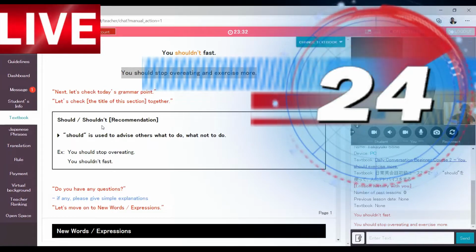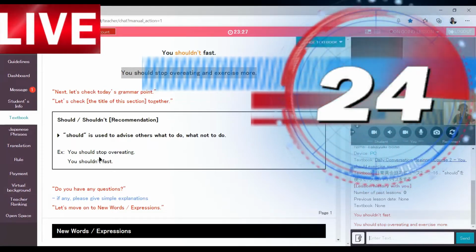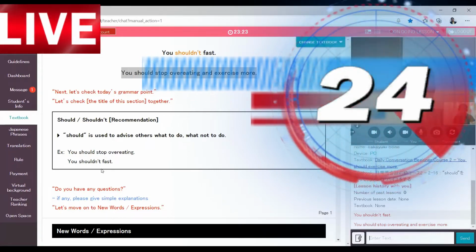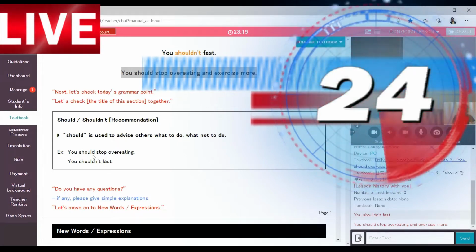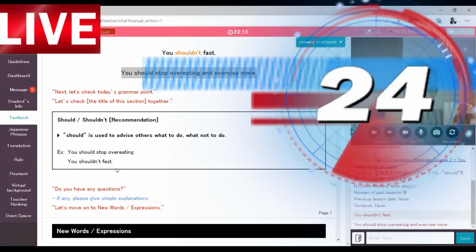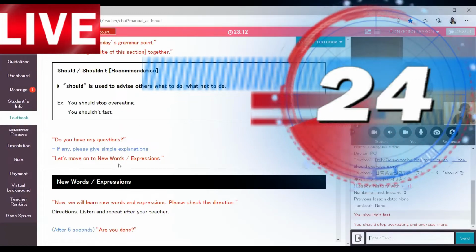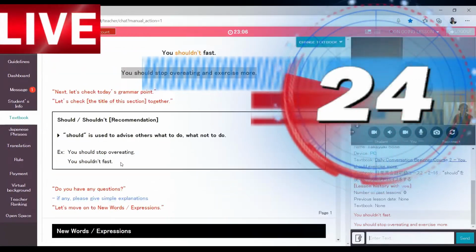All right, so could you please read the example sentence? You should stop overeating. You shouldn't fast. All right, this is extreme. Both extremes, like overeating and not eating.